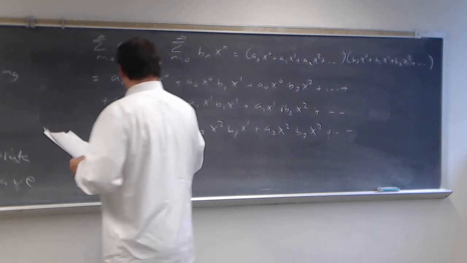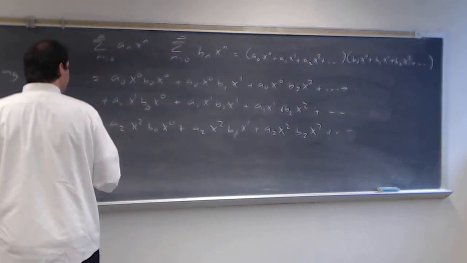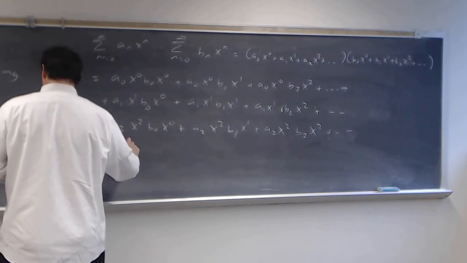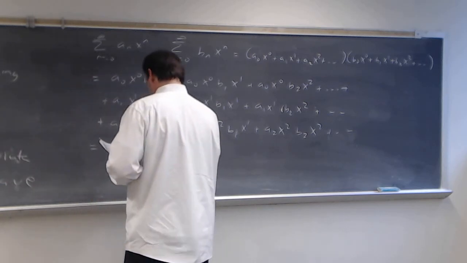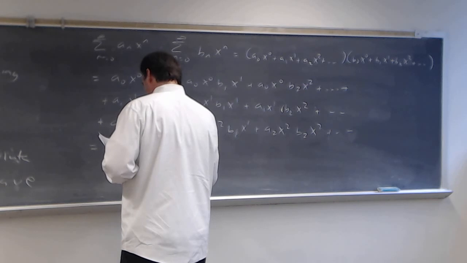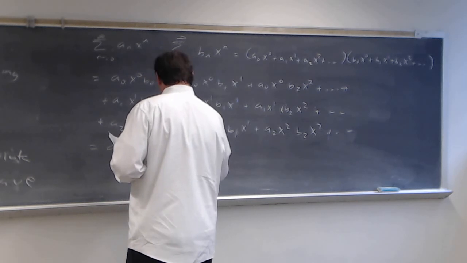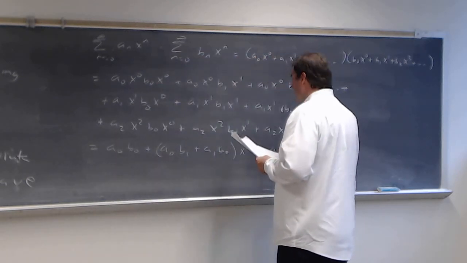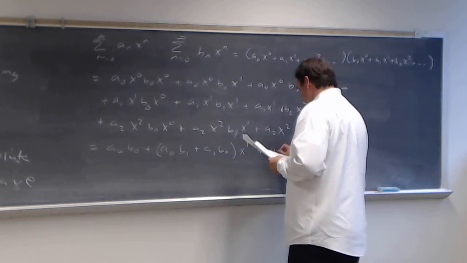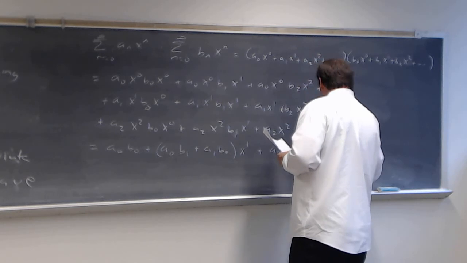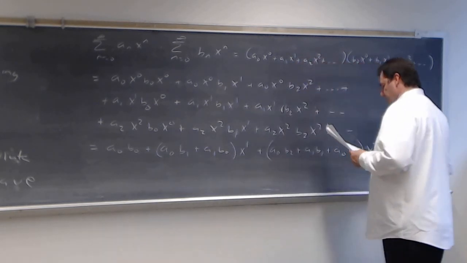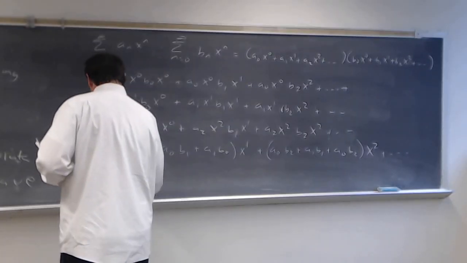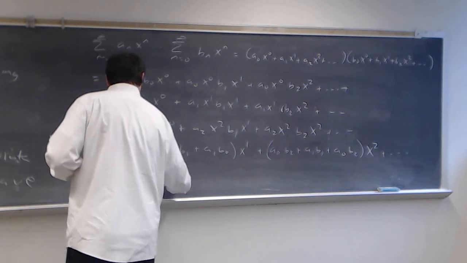And then if we just add them according to the powers of x, we have a sub 0 b sub 0 plus a sub 0 b sub 1 plus a sub 1 b sub 0 times x to the 1 plus a sub 0 b sub 2 plus a sub 1 b sub 1 plus a sub 2 b sub 0 times x squared plus, and forever in this direction, and that's equal to the sum as n runs from 0 to infinity of c sub n x to the n.